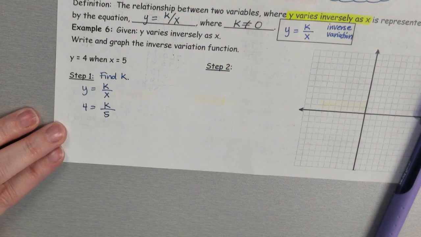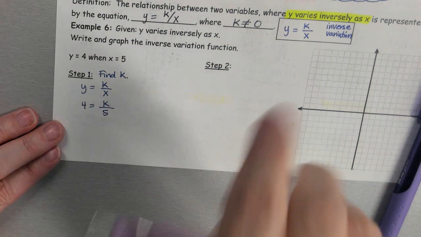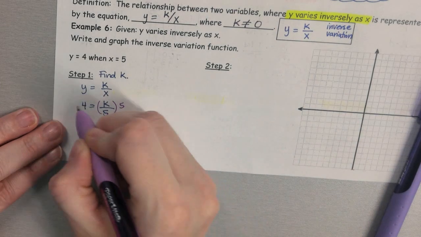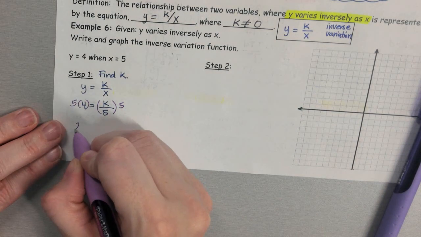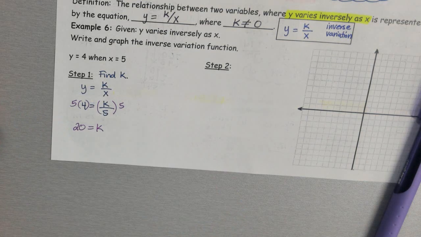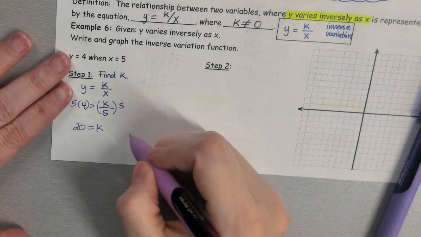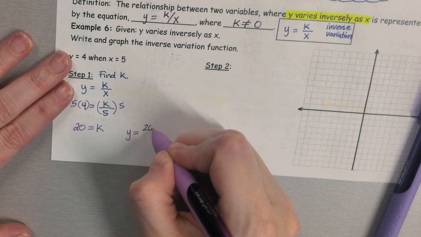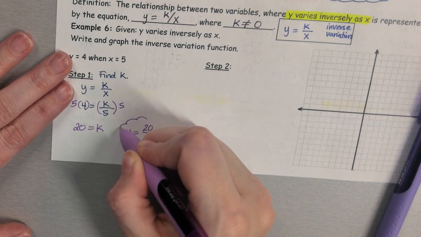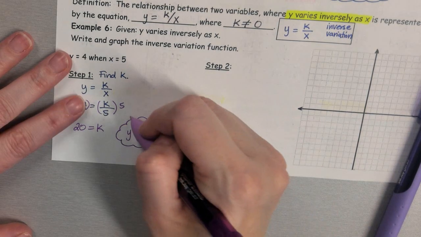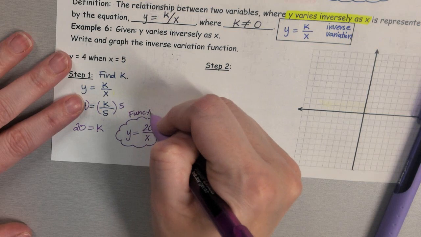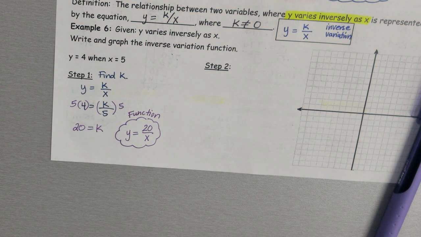How do we solve for k? Yeah, you're going to multiply. So you always multiply by the denominator. So your k value is 20. So then your function is y equals 20 over x. Okay, and you do need this function. Okay, you need that to graph.